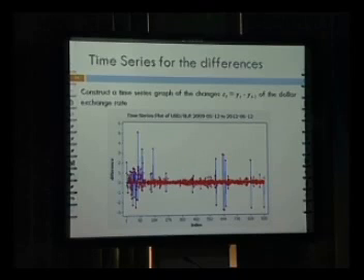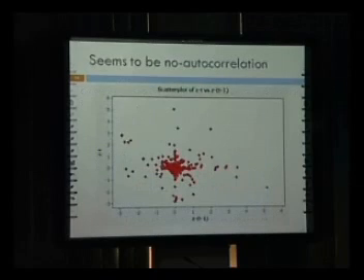Other than that, the average value varies around 0. So this is what we model using the ARMA model, or the Box-Jenkins approach. If we use the scatter plot, then we have approximately no autocorrelation variation.